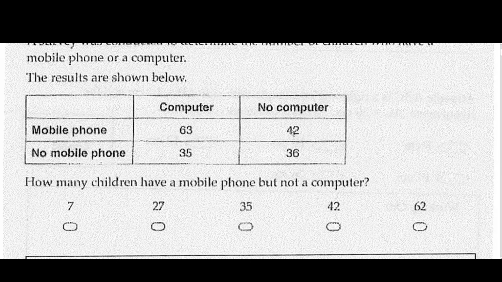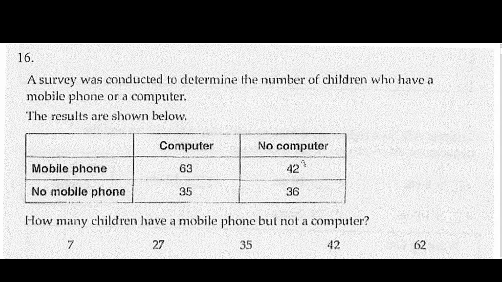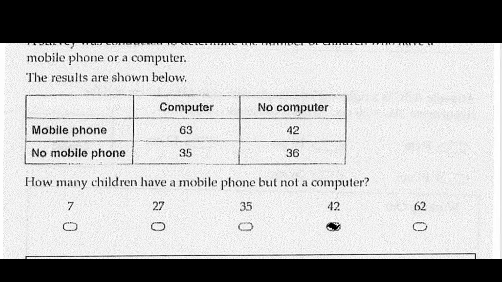It's 42. So for this one, there isn't much working out to do, actually. It's just that one there. Okay, and when you do your answer, make sure you colour in the whole box.